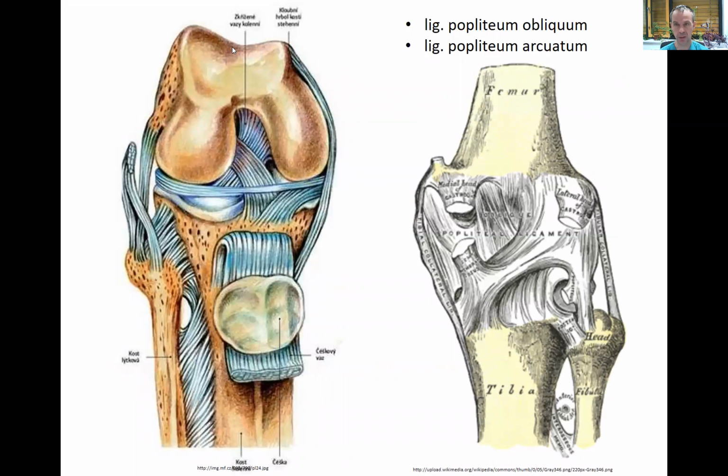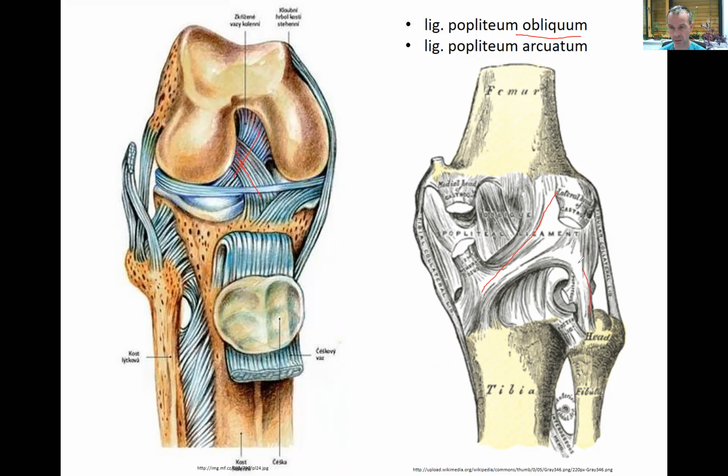So here we can see again the anterior and, located behind it, the posterior cruciate ligament. And the last ligaments we have not talked about are located dorsally. They are part of the articular capsule. And we can see here the oblique popliteal ligament, which is one of the three attachments of the semimembranosus muscle.